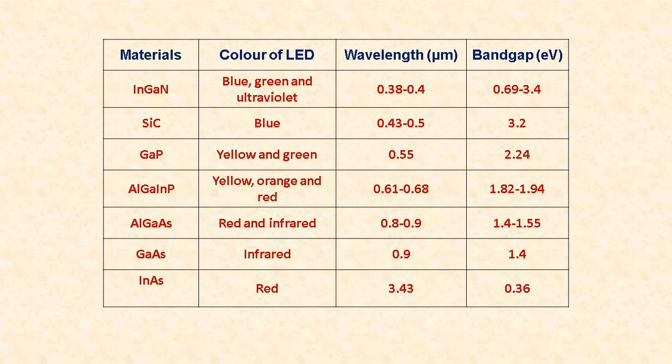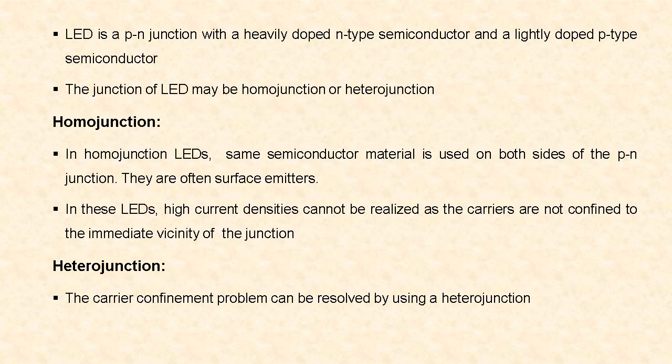For indium arsenide, the color of LED is red and wavelength is 3.43 micrometer and band gap energy is 0.36 electron volt. LED is basically a PN junction with heavily doped N-type semiconductor and lightly doped P-type semiconductor.